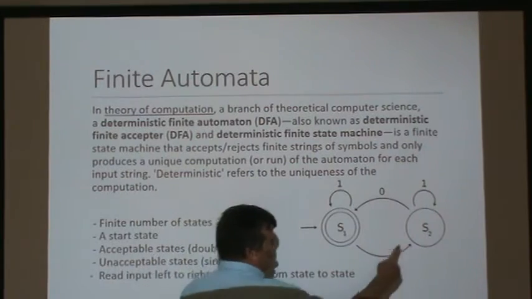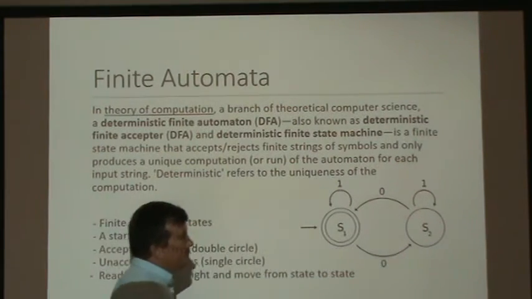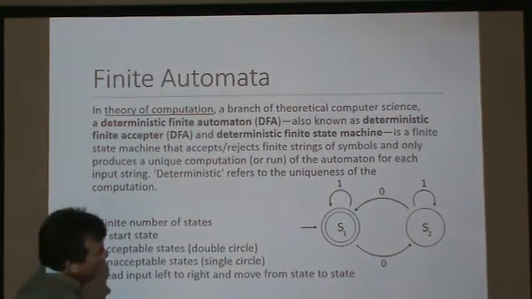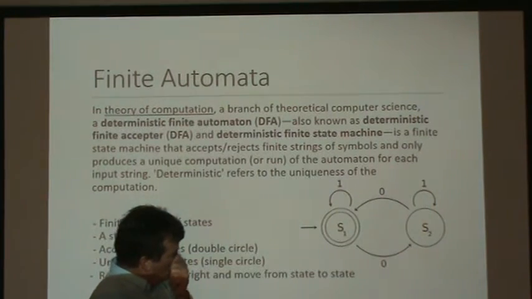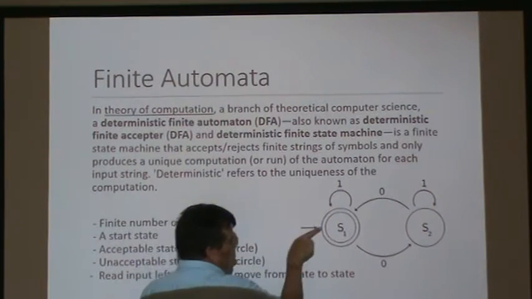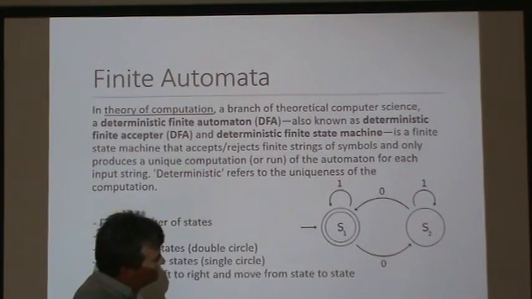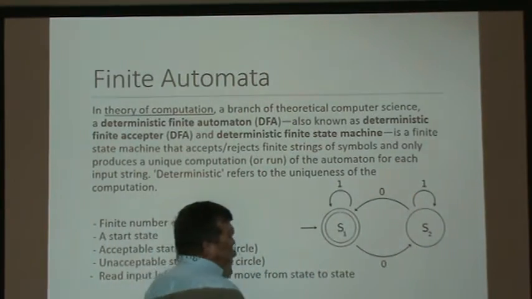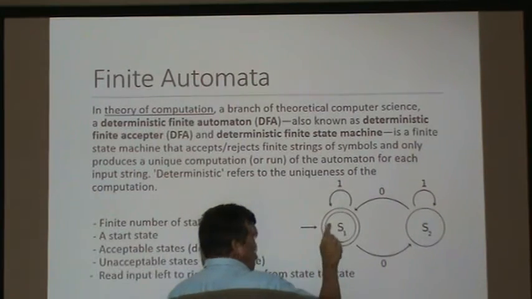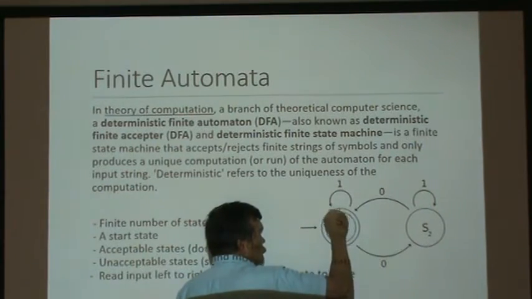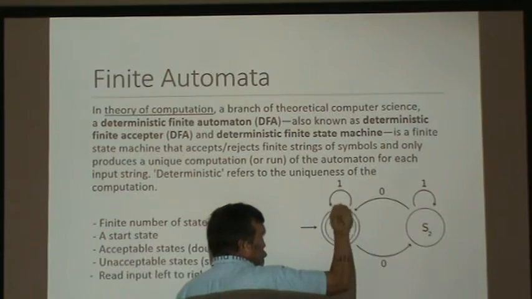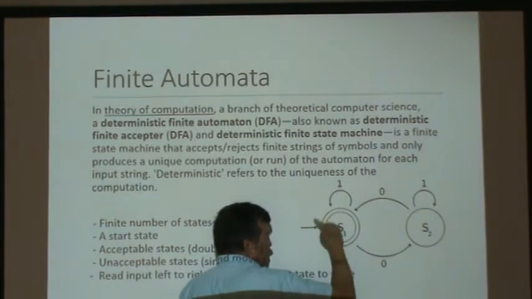And if there's one circle, that means the answer is no. So what is this finite automaton doing? We're starting here, and the language is apparently strings of zeros and ones, not A's and B's. If anytime we read a 1, we stay in the state we initially started in, which is an acceptable state.